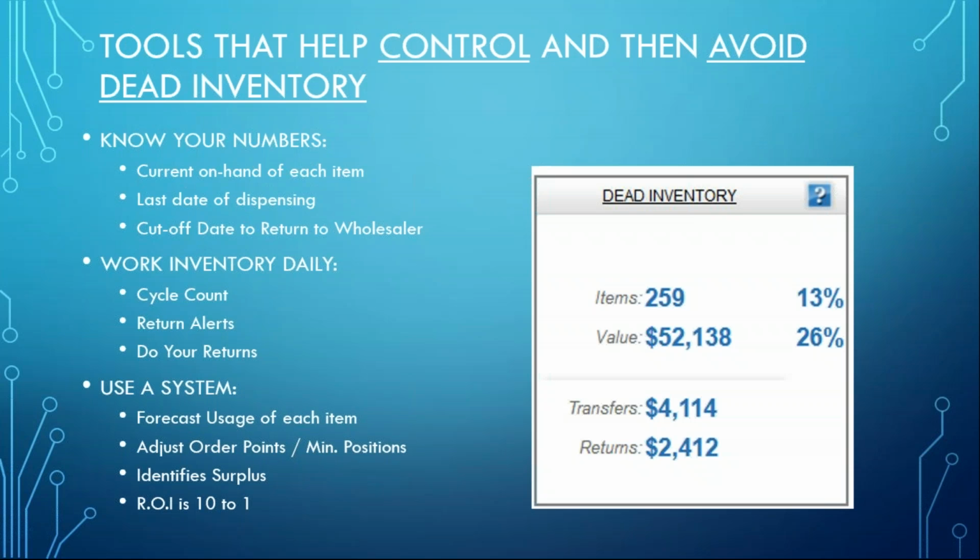Everything's a little different for people, depending if you're in some kind of cooperative or group, or if you've negotiated your contract separately with your wholesalers. Understanding your date or specific limitations that you have is needed, because if you don't have that, these other 2 don't really matter. You have to know, I need 6 months dating to send this item back. And if I don't, I'm in trouble.